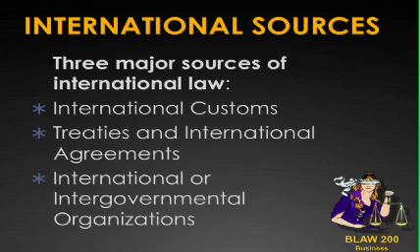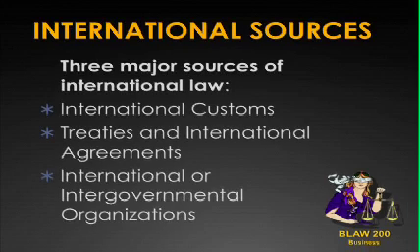Okay, so now the three major sources of international law: international custom, treaties and international agreements, and international or intergovernmental organizations. So these, in some regards, look a little bit like what we saw when we looked at our own United States law. When we talk about international custom, in one sense we're talking about something rather similar to our original common law.